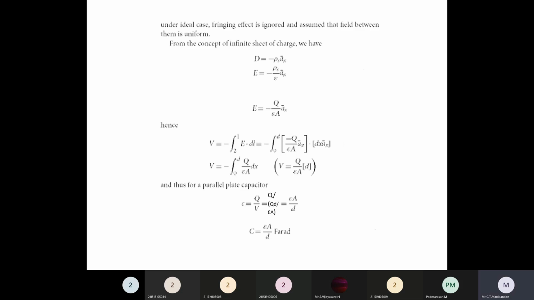Here it is derived in terms of the electric field. First they find the electric field, then apply the potential concept.